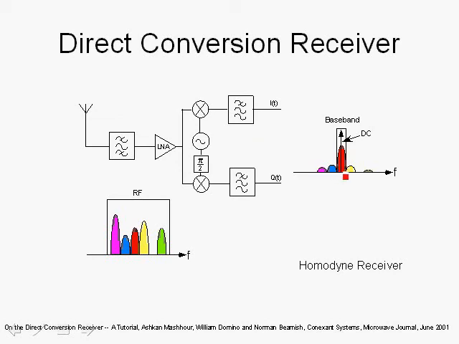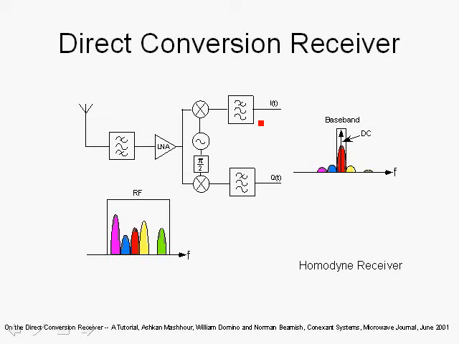We also show that the other channels, the adjacent channels to the in-band desired channel, are also present, because in a direct conversion receiver the baseband analog filters are such that they allow some of the adjacent channel to pass through.